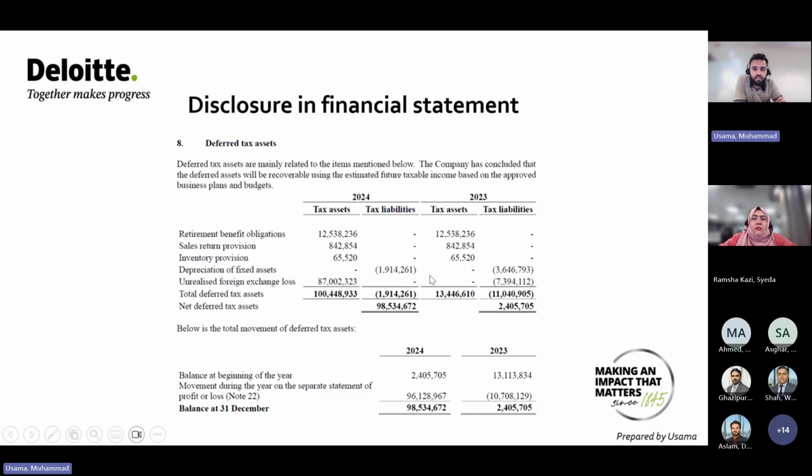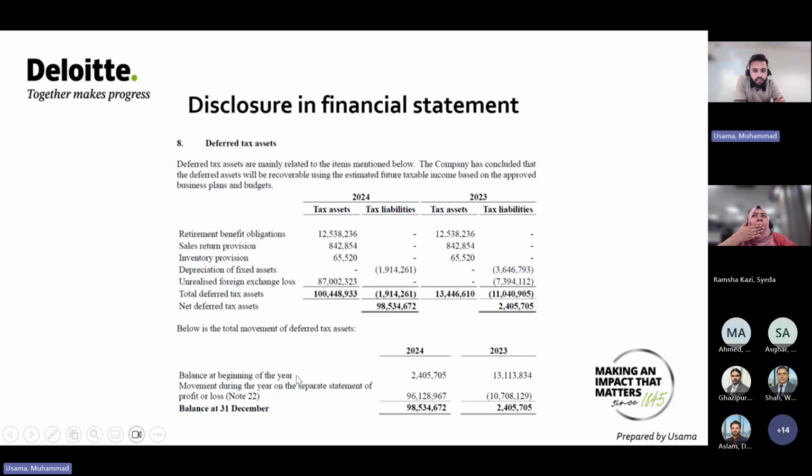Because this is a balance sheet item and this is the closing value of our deferred tax asset, the difference of opening and closing will fall under the profit and loss statement. So our working is made for this purpose, to compute the deferred tax. Also, we can compute by the P&L approach. The answer would be the same, but for the balance sheet approach, we make a movement of deferred tax here.